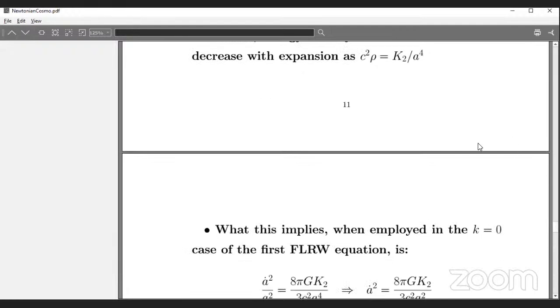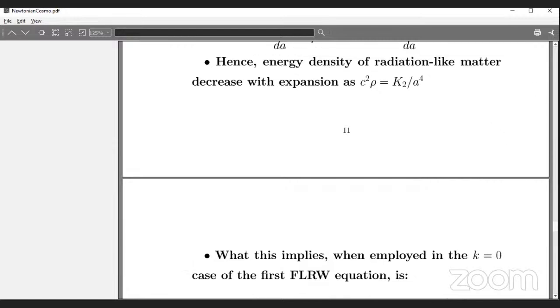Now that tells us one very important fact. We found that the energy density for non-relativistic matter falls off as 1 over A cube, but the energy density of relativistic, ultra-relativistic matter falls off as 1 over A4. Just now we derived it.